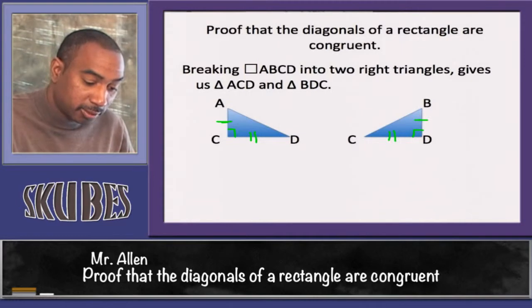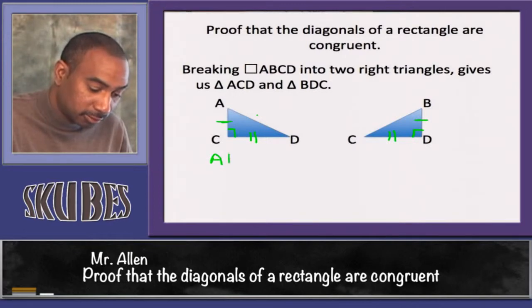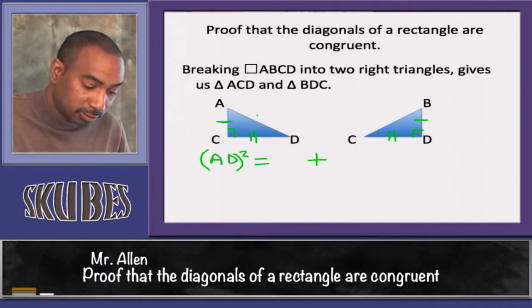If you use the Pythagorean theorem, we know that the hypotenuse, which is AD, the hypotenuse squared, is equal to the sum of the squares of the legs. So you're going to have CD squared and AC squared.